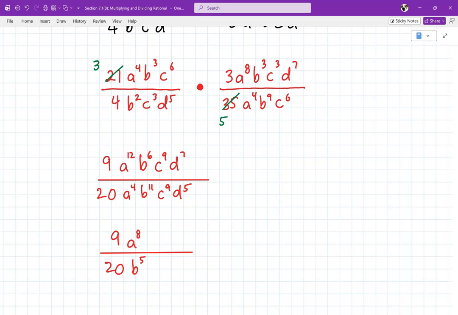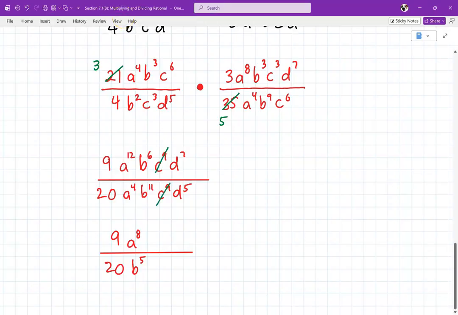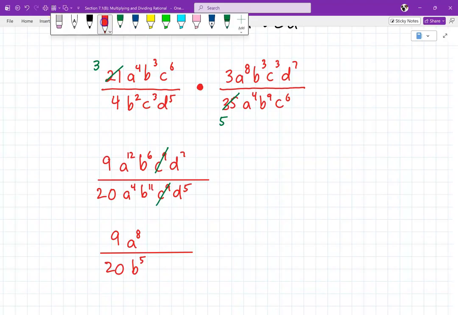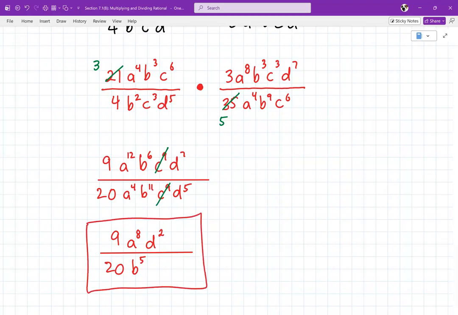In other words, c to the 9th cancels out, okay? This actually cancels out. They're identical. So since they match, take them out. And then d to the 7th over d to the 5th, 7 minus 5 is 2, a positive 2. That means that the variable d goes up, and that's a power of 2, and I'm done.